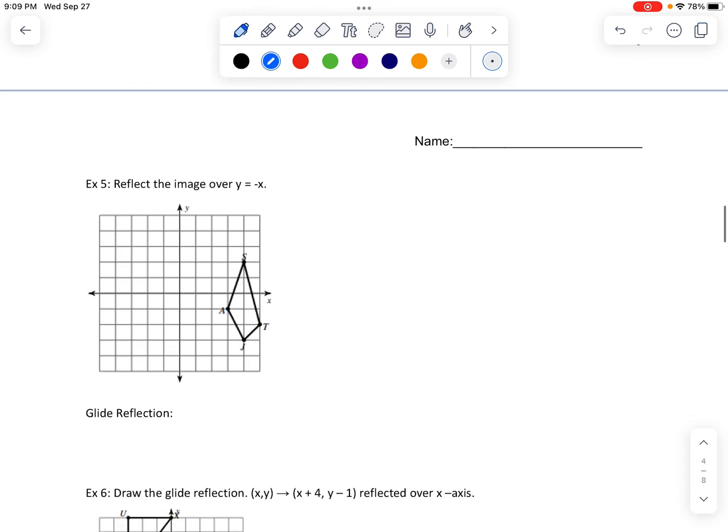Move on. Y equals negative x is my reflection line. I know I have a rule there, but you could also just look at this graphically and do it. Totally up to you.